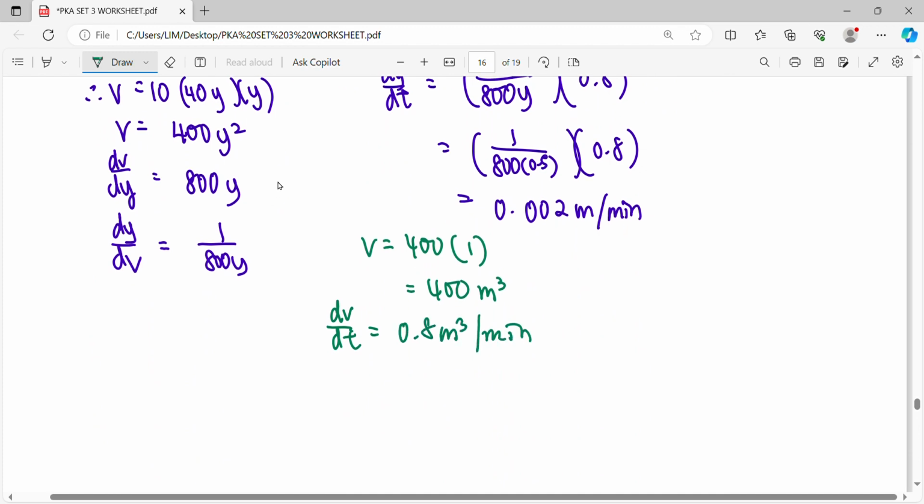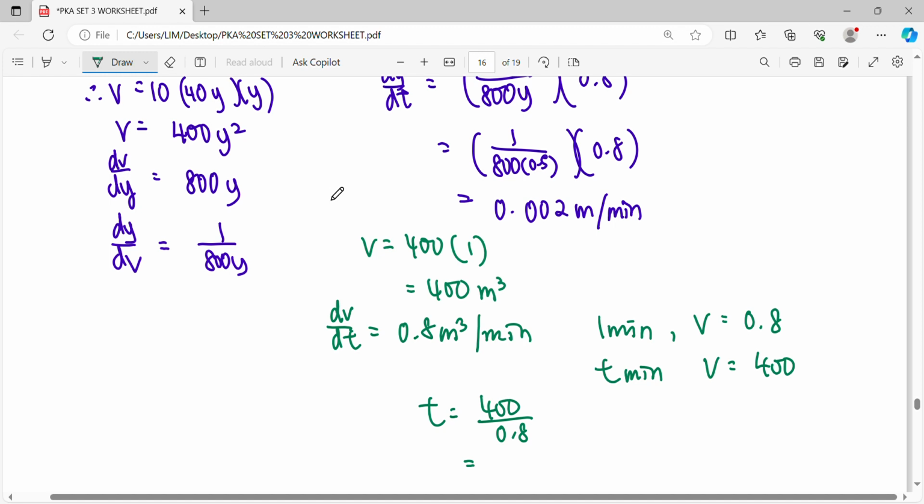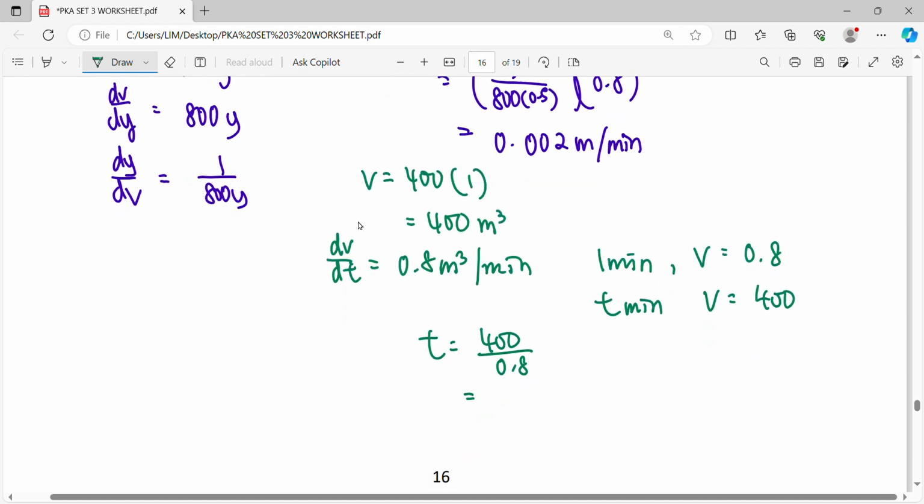From here, it means in 1 minute the volume gains 0.8. So when your volume is 400, what is your time? So T here will be 400 divided by 0.8, which equals 500 minutes.